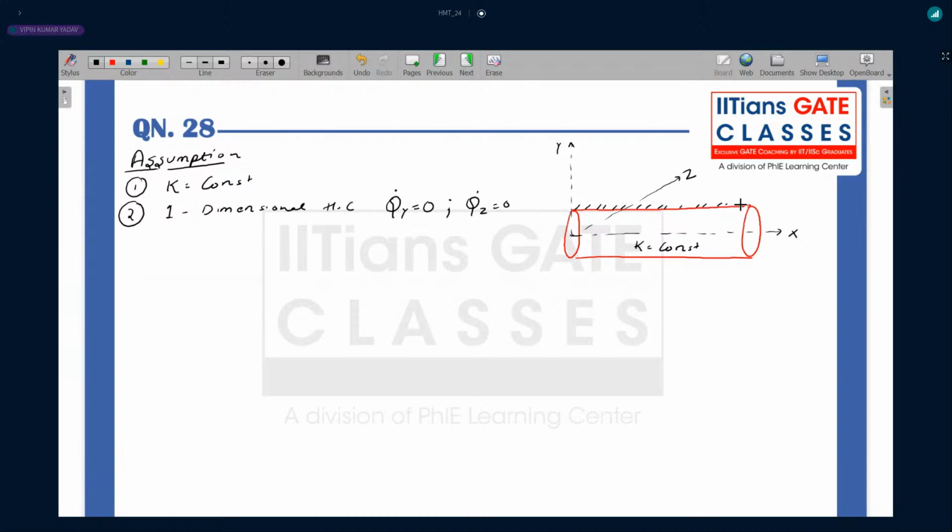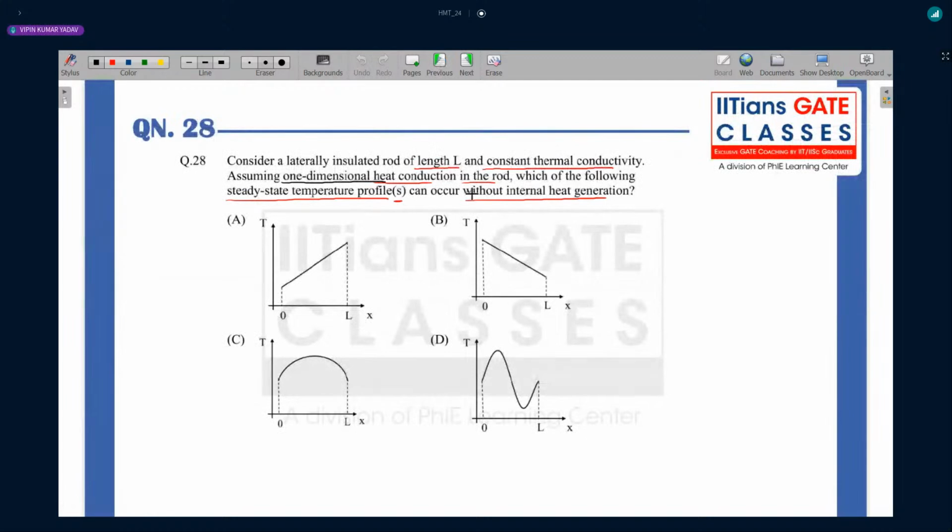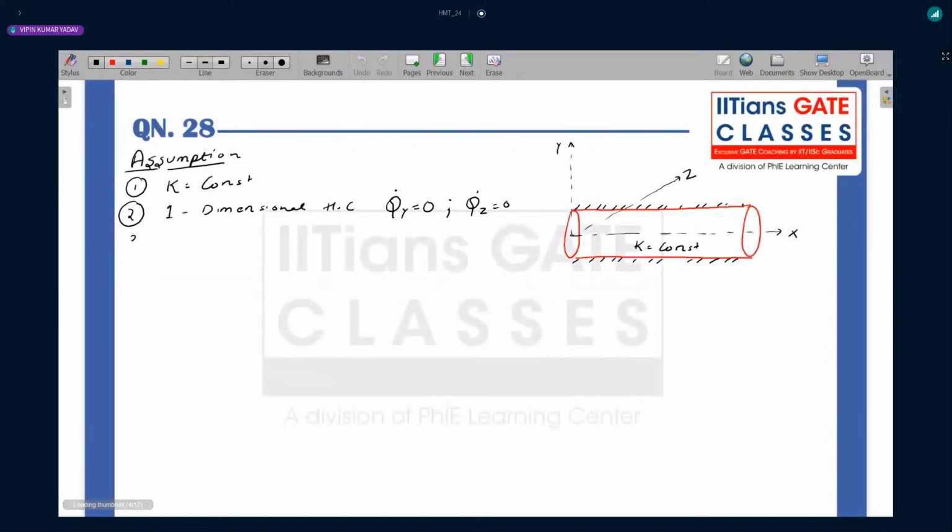So no heat conduction in Z direction, only in X direction heat transfer is taking place. Third assumption is steady state, and fourth assumption is no internal heat generation, so Q dot generation is equal to 0.